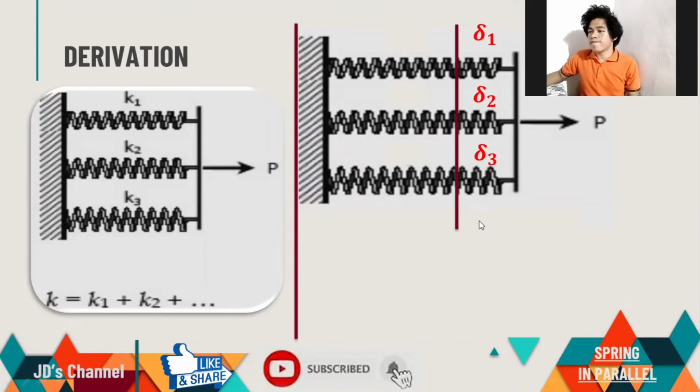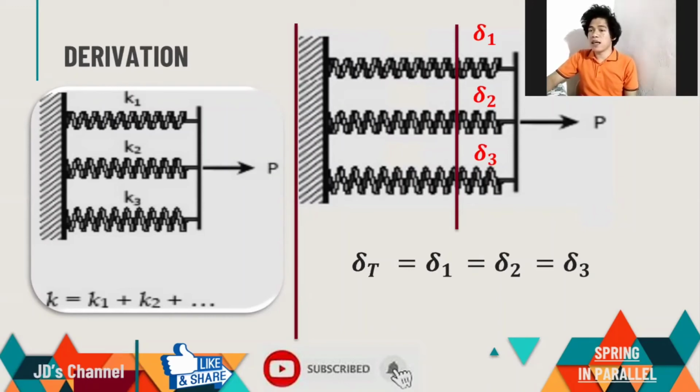At paano natin makukuha yung ating delta T or total delta? Tingnan mabuti, ano ba yung sinasabi dito? So, tama po. And class, kung mapapansin natin, yung ating total delta is equal to delta 1, delta 2, and delta 3.